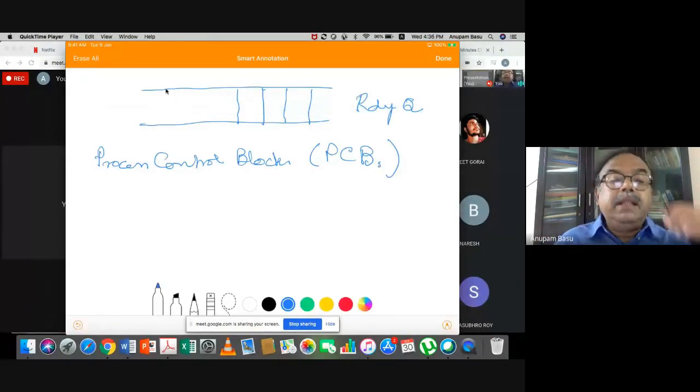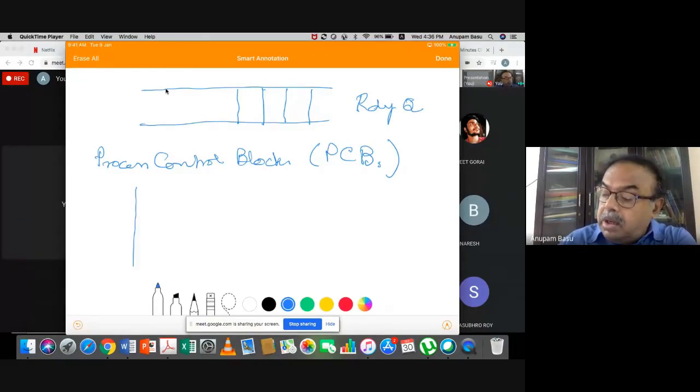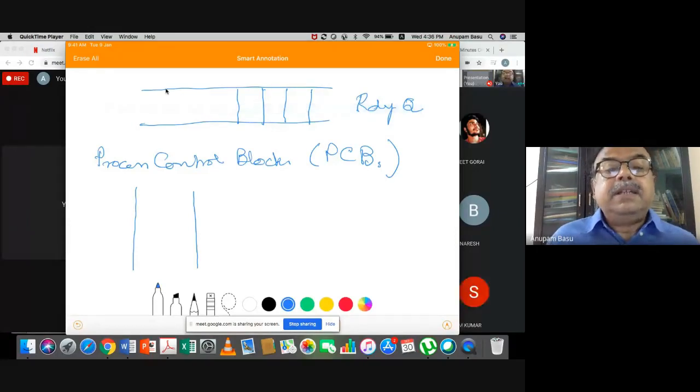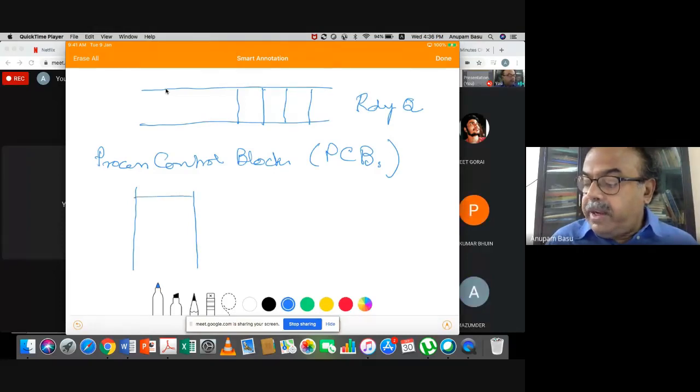And what is there in the process control block? A process control block has got a number of entries. It is again a data structure, just like a C structure. It has got a number of entries, records or fields.